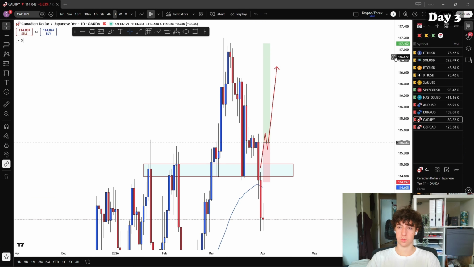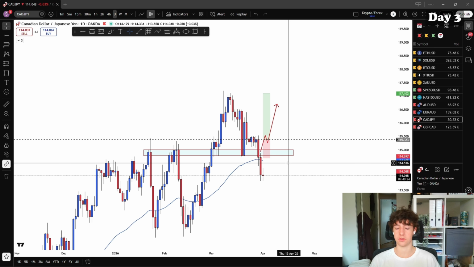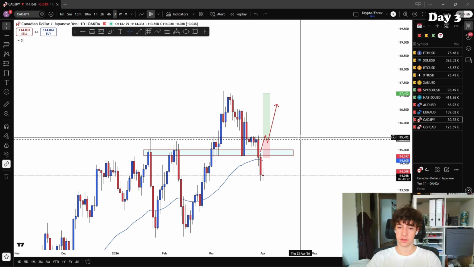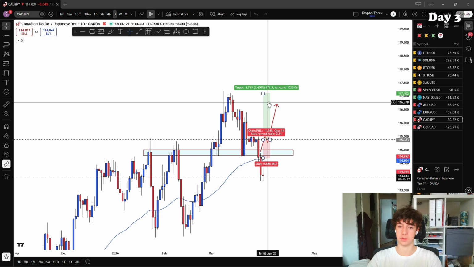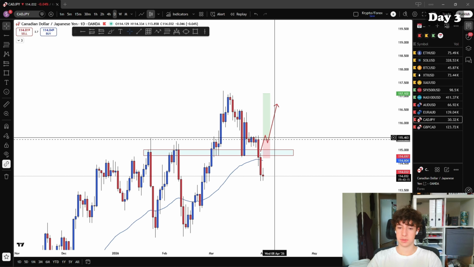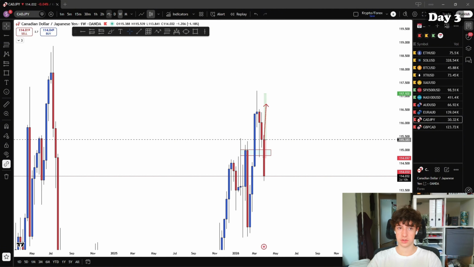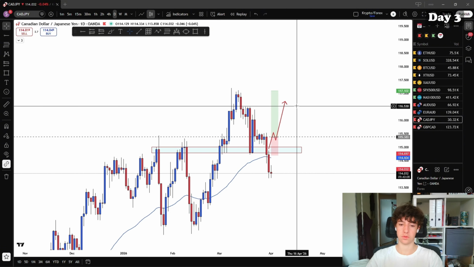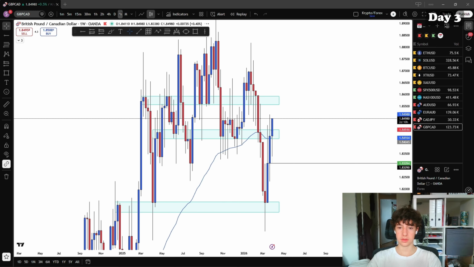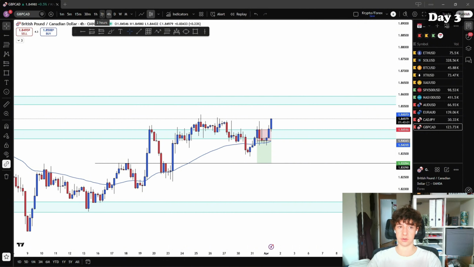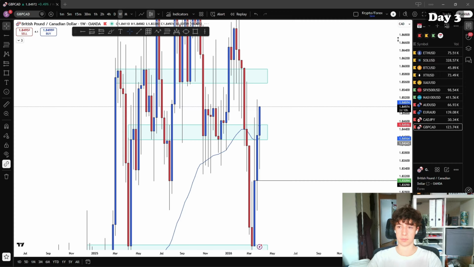On CAD JPY, we are far under the area of interest, but if price actually closes above this structure point we can still take a long, because it's basically the same trade just without this strong area of interest, only if we get another retest of it. On GBP CAD we were completely wrong. We closed above the area of interest, so we were completely wrong about this trade.